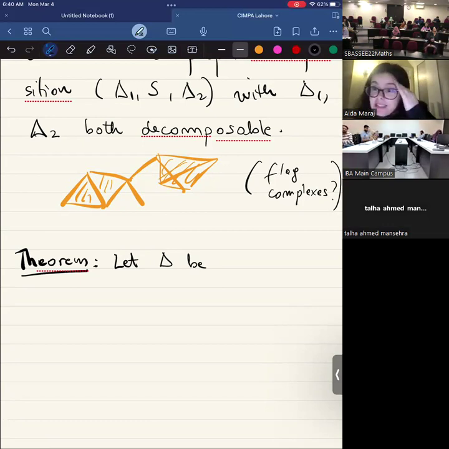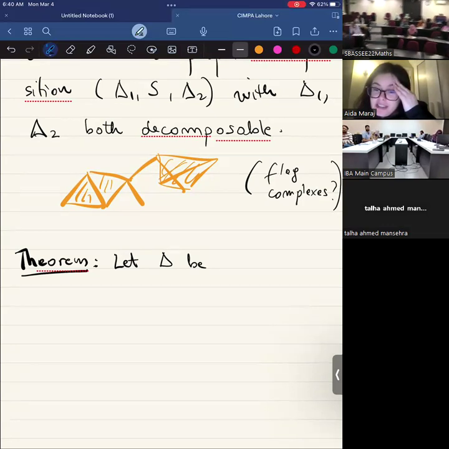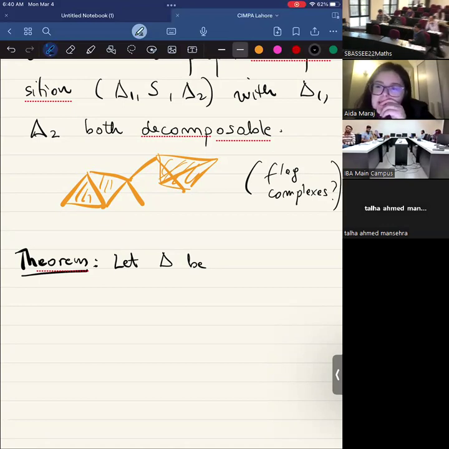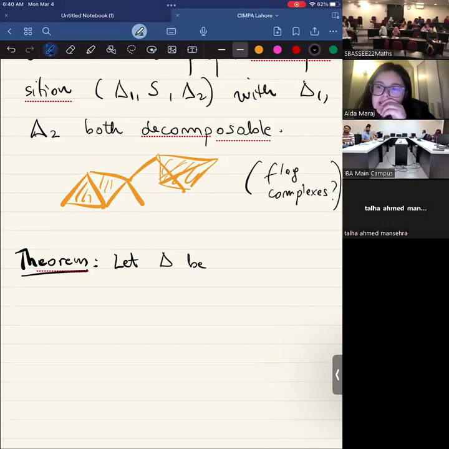Quasi-forest means the facets can be arranged in a way that the intersection of F_i with F_1 up to F_(i-1) is a simplex. So you have an ordering. Yes, that's also how you get the tree I was talking about.